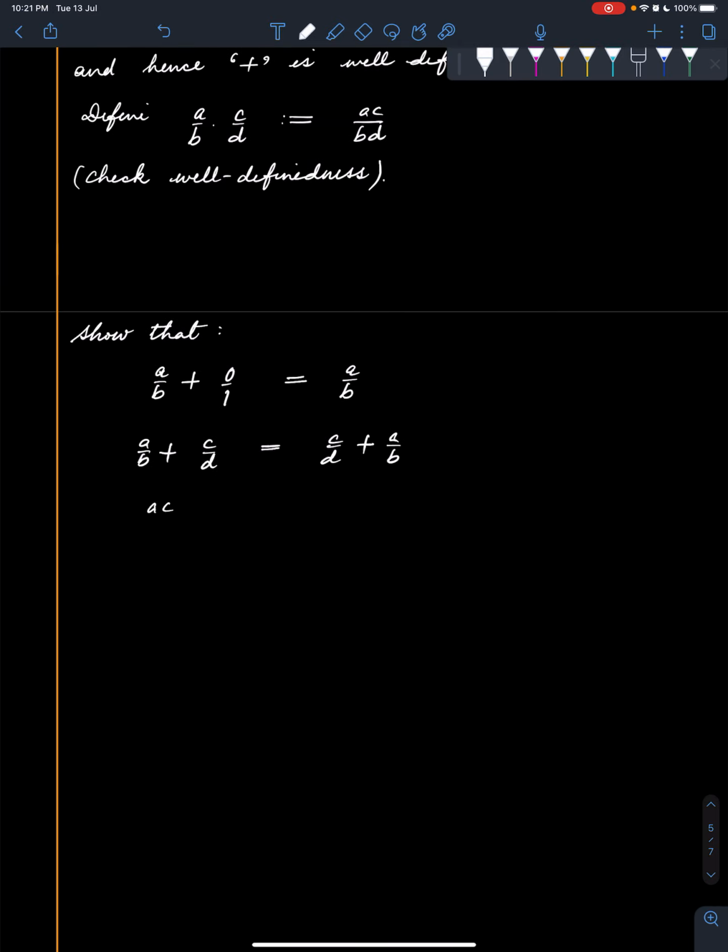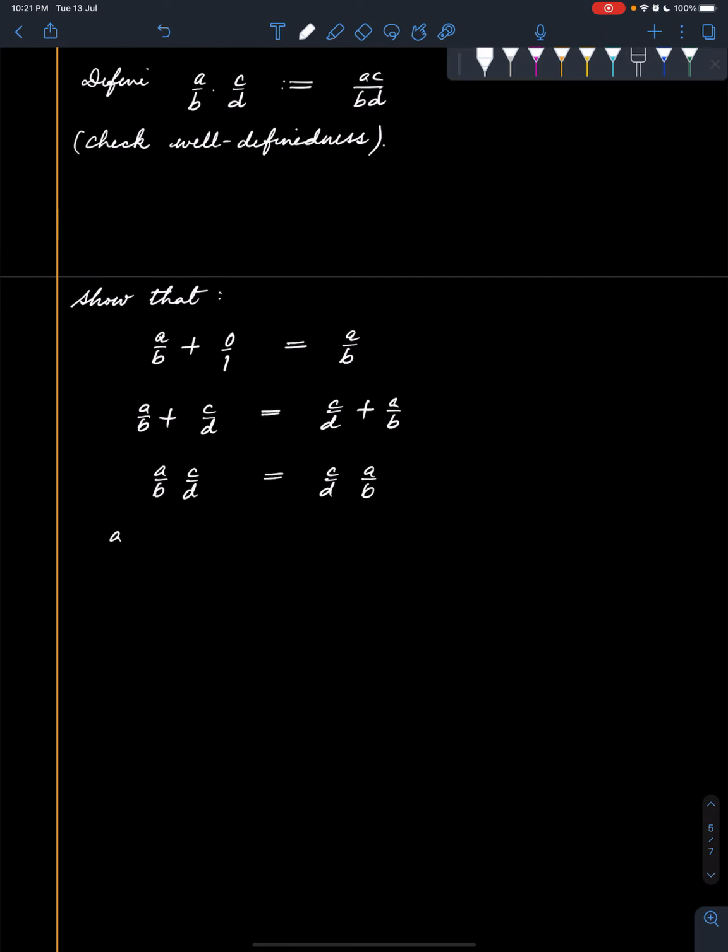A by B times C by D is C by D times A by B. And what else? Yeah, so very important, A by B times (X by Y plus, we are running out of symbols, P by Q) equals A X by B Y plus A P by B Q. Basically this distributes.